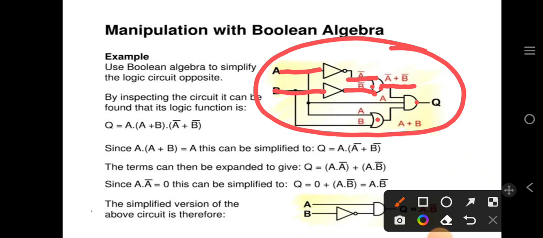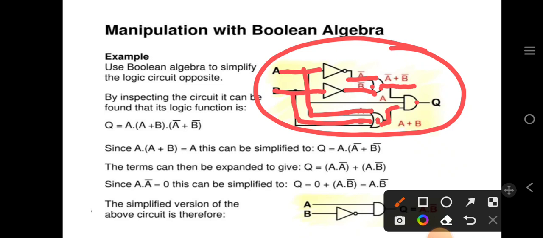Now for the second OR gate, the inputs are A and B. There is no NOT gate, so A and B are applied directly to the OR gate, so we get A plus B, and this output is given to the third AND gate.